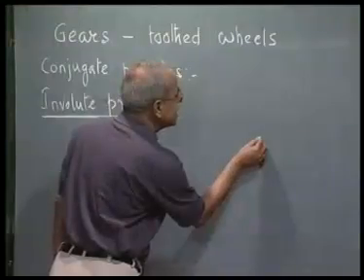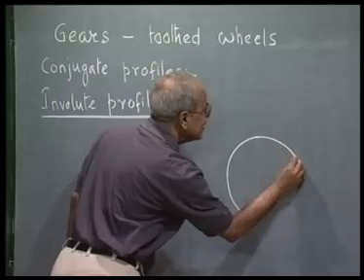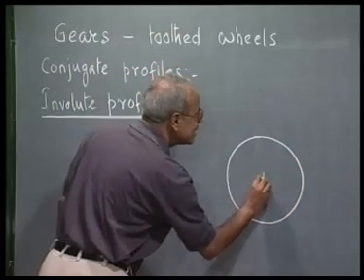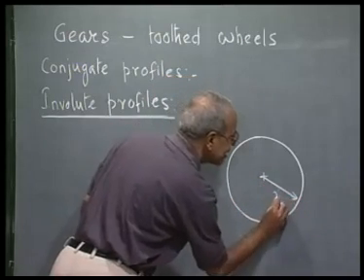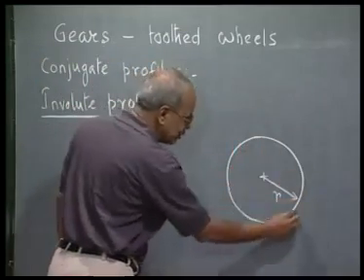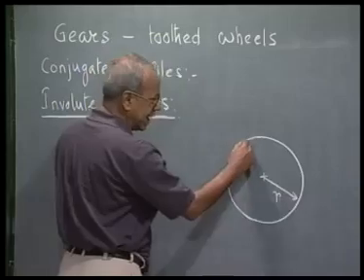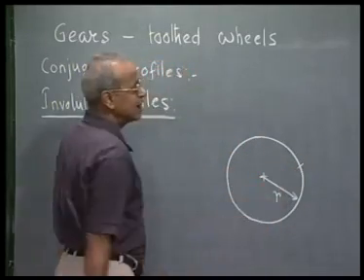Involute of a circle is defined as follows. Let us talk of a circular cylinder, say of radius r, and think of a string or tape which is wound around this cylinder. This is the end of the tape.